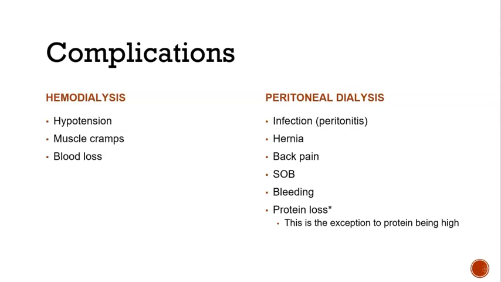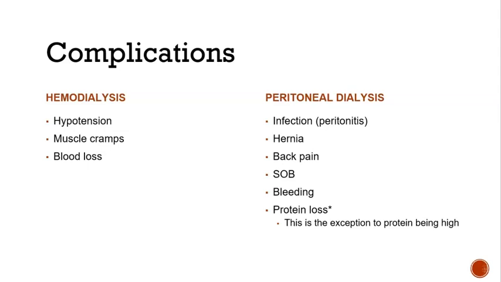For peritoneal dialysis, we worry about infection, which we call peritonitis. And the reason we have such a high risk of infection with this is because peritoneal dialysis is done at home. It's not done in the clinic, and we can't control the patient's environment. We also worry about hernias, back pain, and shortness of breath.